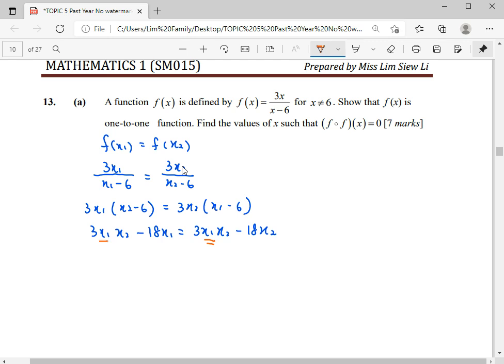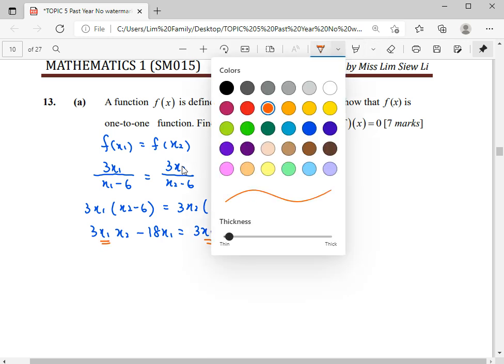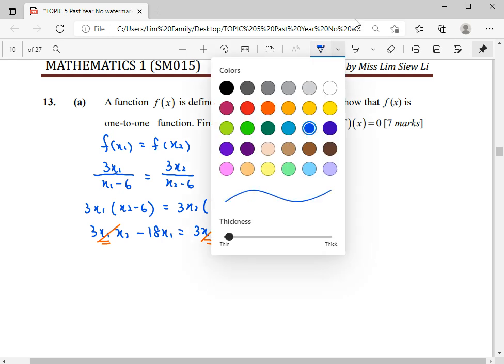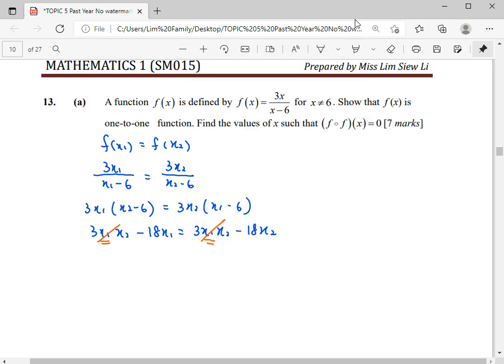When we move it to the left hand side, it is minus. So 3x1 x2, then minus 3x1 x2, then finish. We simplify, then we only have left here negative 18x1.